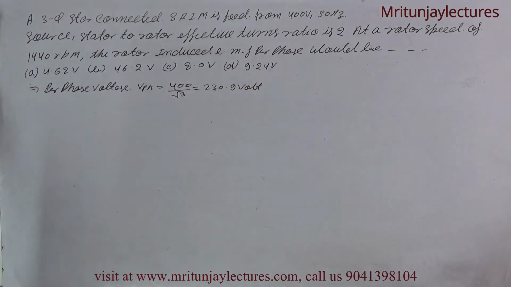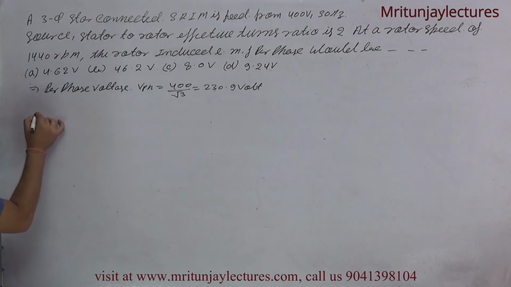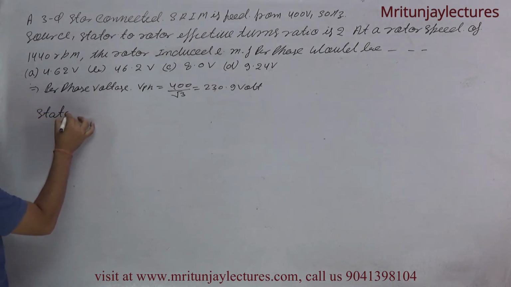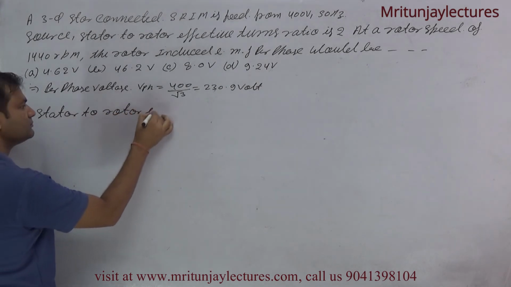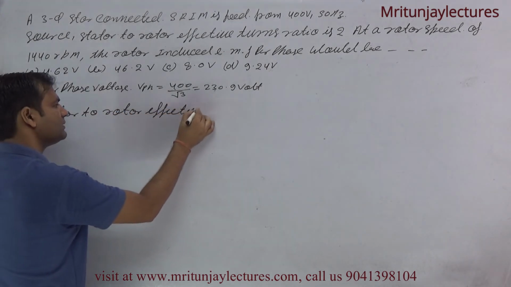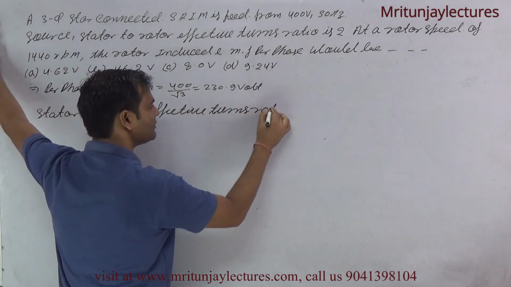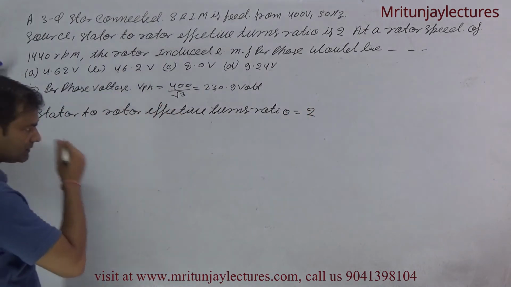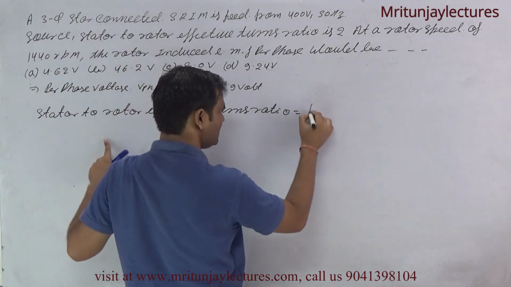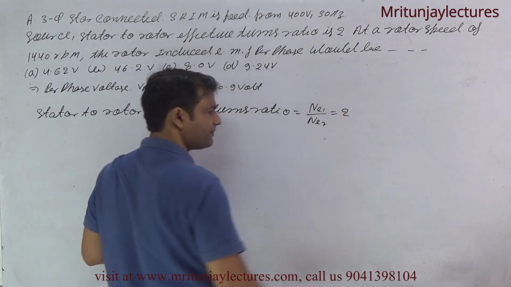The stator to rotor effective turns ratio is given as 2, which means E1 by E2 is equal to 2.